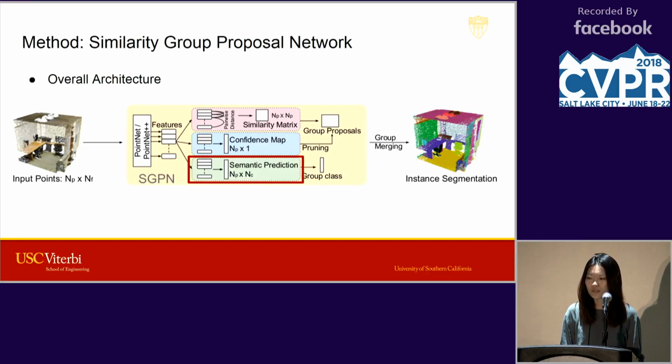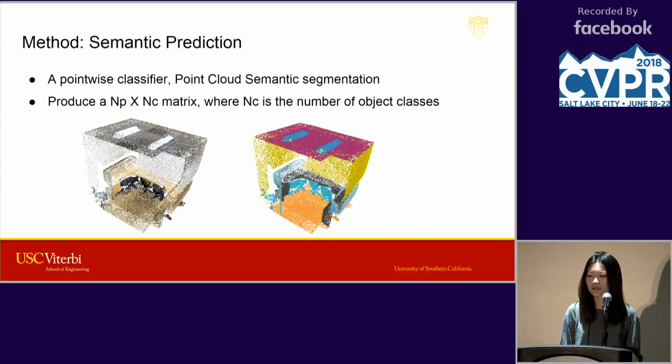For semantic prediction, we want to have a probability vector for each point, indicating the probability of this point being classified into an object category. And then we want to build a similarity matrix for group proposals.